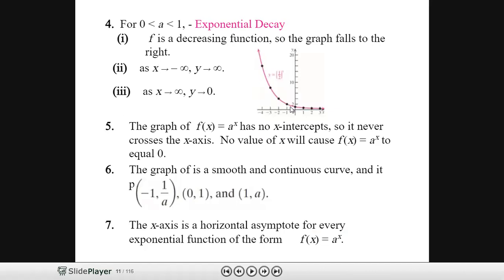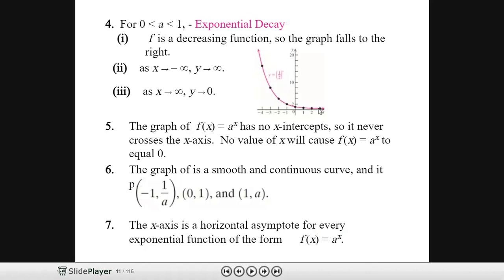So sometimes the graph is going up from the left side. If you are coming down to the negative values, this will increase, going up. And if you are taking positive values, this will become small over here. The graph of f(x) = a^x has no x-intercept.